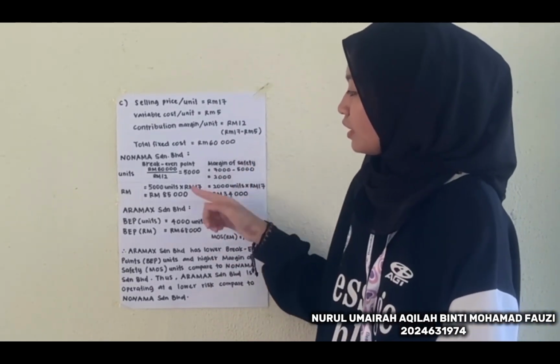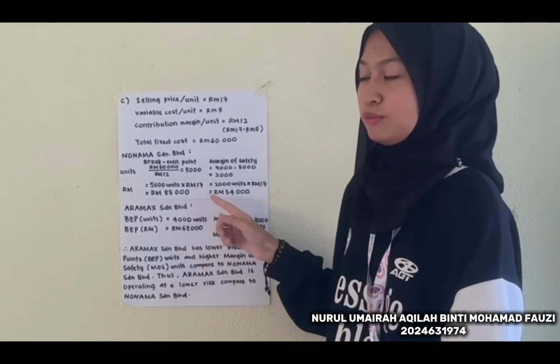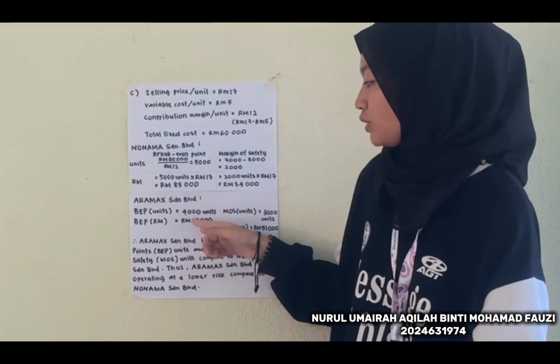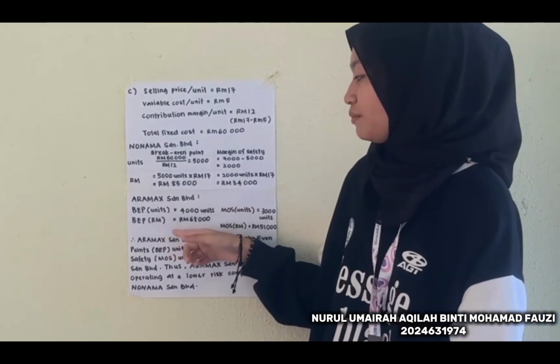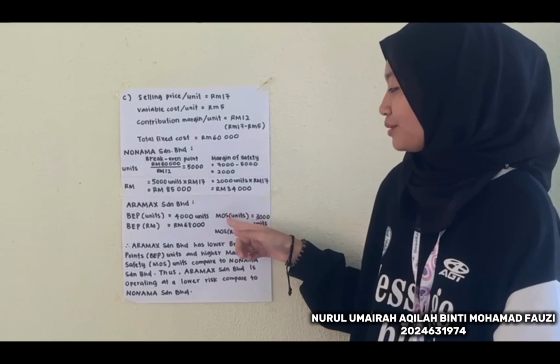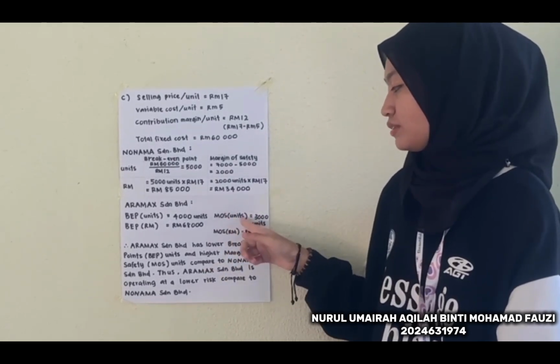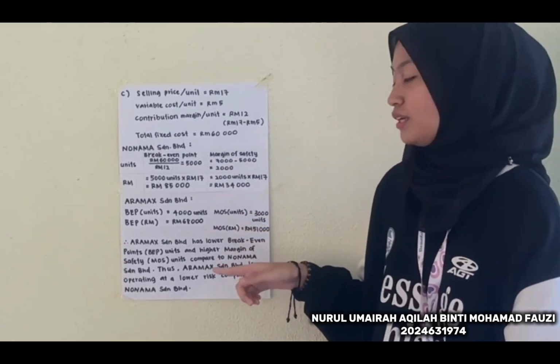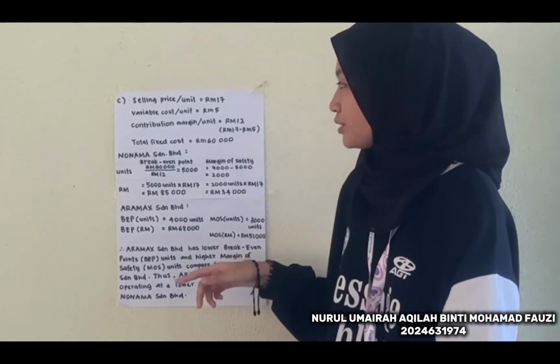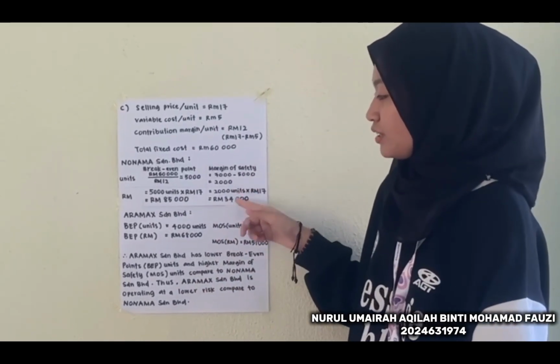So Arama Sendirian Berhad we already got from the previous question. So BEP units 4,000 units, BEP RM 68,000 ringgit, and margin of safety in units 3,000 units, and in RM 51,000 ringgit. So we can compare using units.